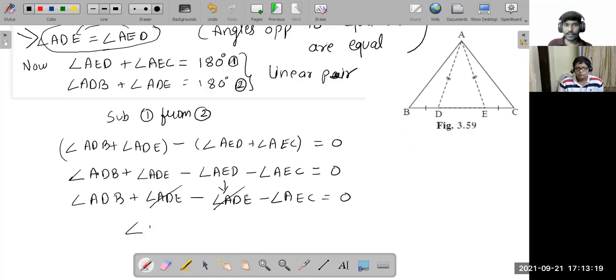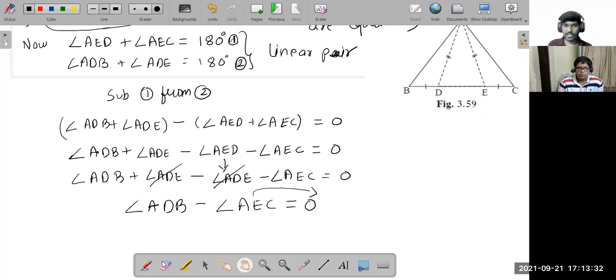Plus ADE minus ADE cancel. You are left with angle ADB minus angle AEC is equal to 0. Take minus AEC to the other side. You have angle ADB is equal to angle AEC.